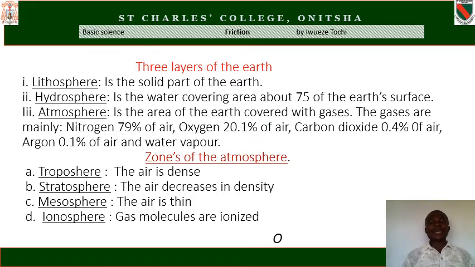Atmosphere is the area of the Earth covered with gases. And the gases that make up the atmosphere are nitrogen, which contains about 79% of the air; oxygen, which contains about 20.1% of air; carbon dioxide, which contains about 0.4% of air; argon, which contains about 0.1% of air; and water vapor.